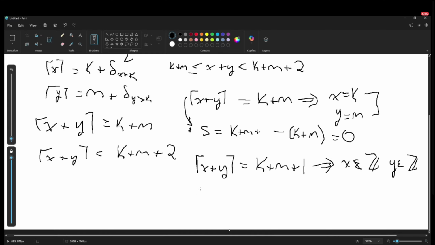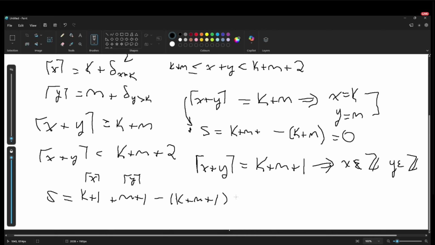then this whole thing becomes: this should be k plus 1, which is the term that represents this, and this should be m plus 1, the term that represents this, and then minus k plus m plus 1.